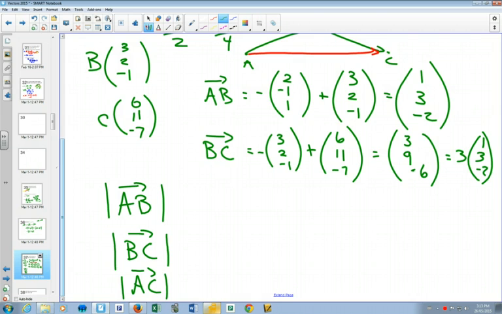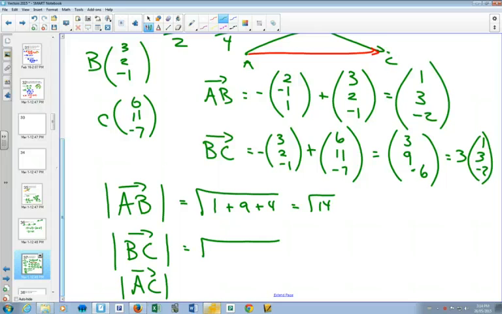If we found out the length of A to B, you're going to get the square root of 1 plus 9 plus 4, which is the square root of 14. And B to C, you're going to just get the square root of 9 plus 81 plus 36, which is square root of 126.